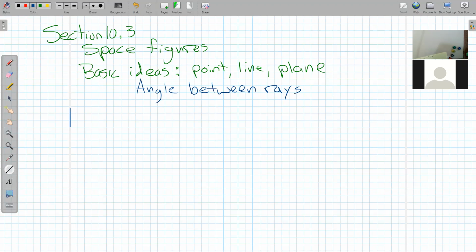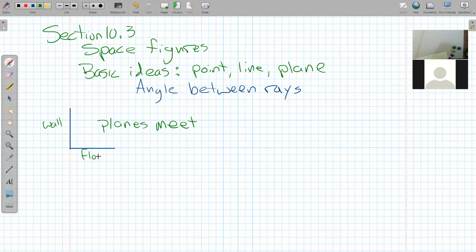Imagine where a wall meets a floor. When two planes meet. So again, imagine this is just kind of looking at the side of a wall, just edge view versus a floor.